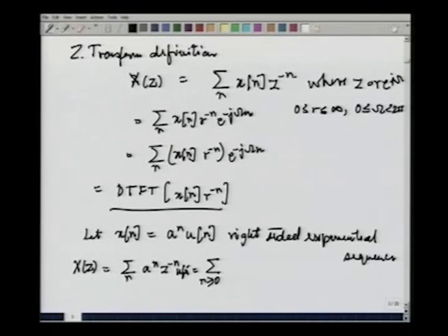So, you write (a by z) to the power n. This is a geometric progression.